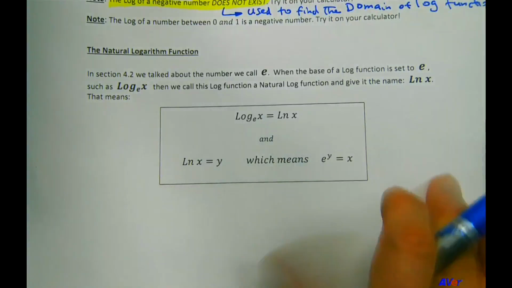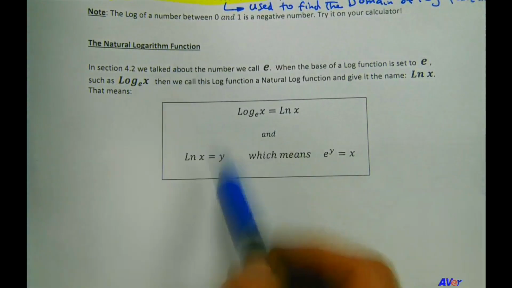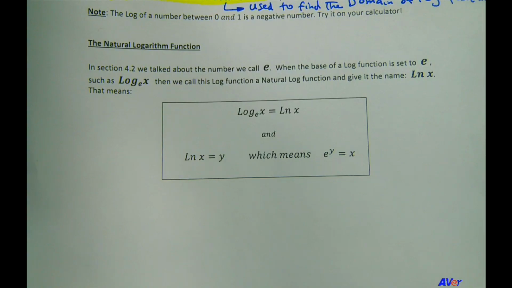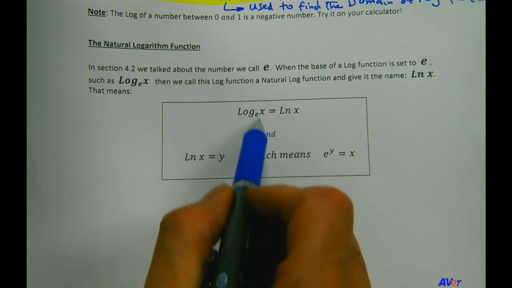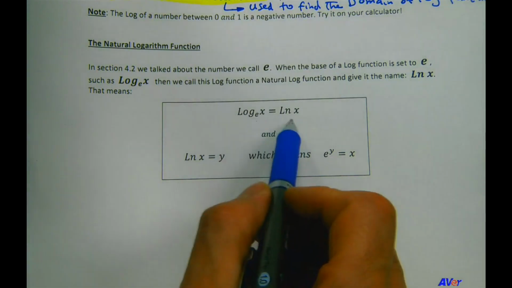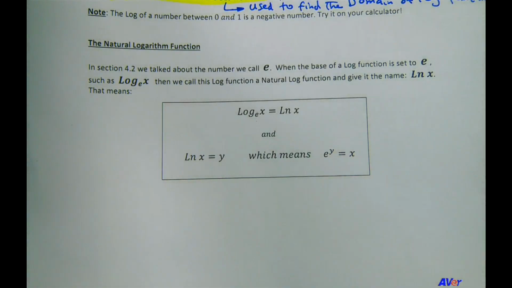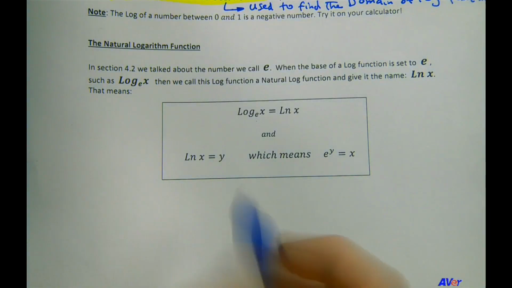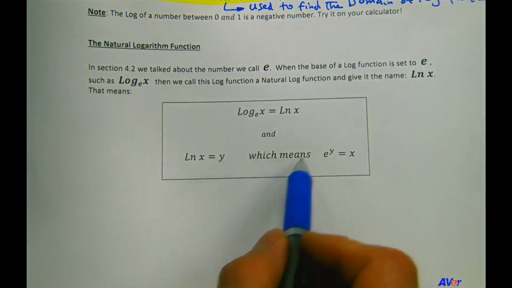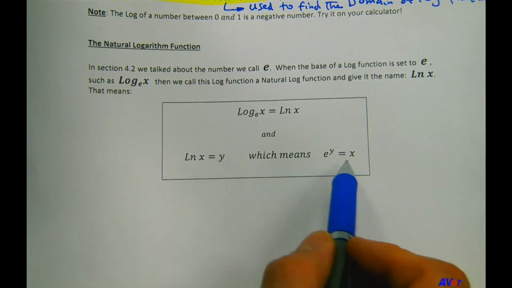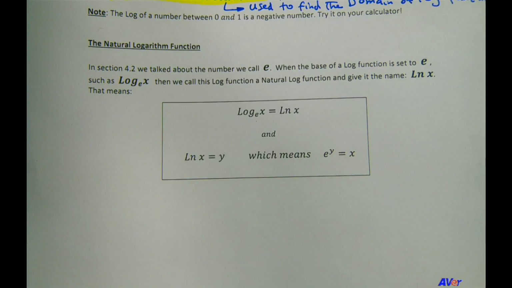So here, I'm just basically explaining at the bottom of this page that the natural logarithmic function is defined as a log function that has base e. And the natural log function has this exponential form, which is the inverse of that.